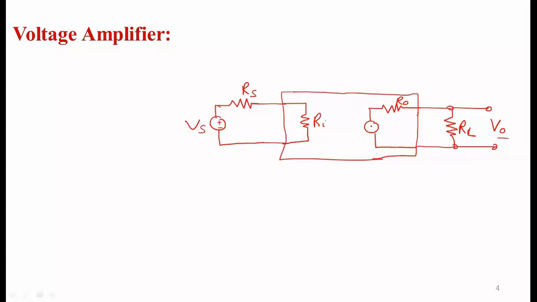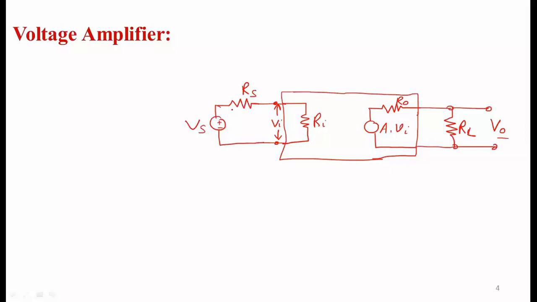Here this is the gain of the amplifier, A into Vi, where A is the gain and Vi is the input voltage present at these terminals. This is the Vi and this is the V naught. So for a good amplifier, the output voltage should be independent of Ri and RL.